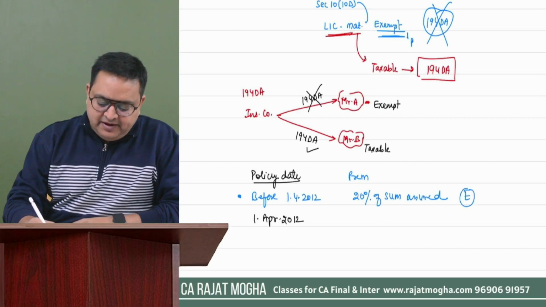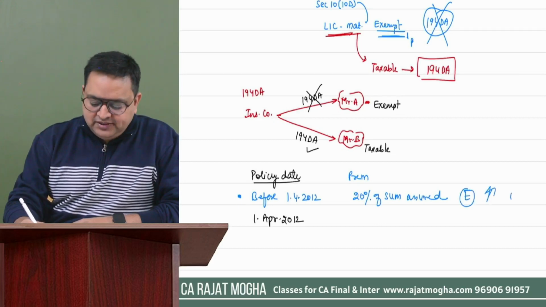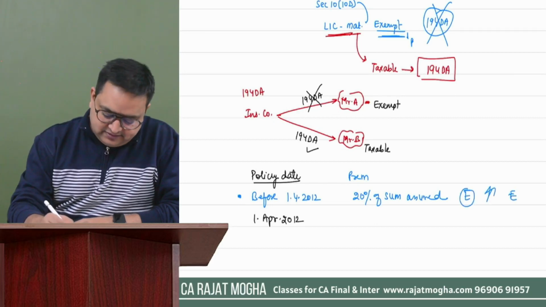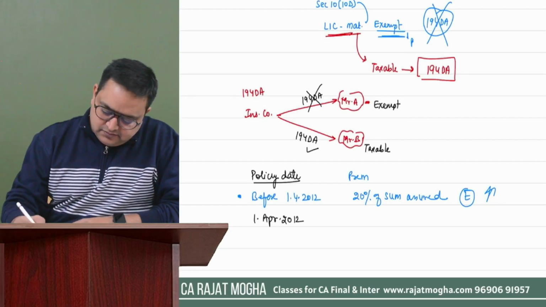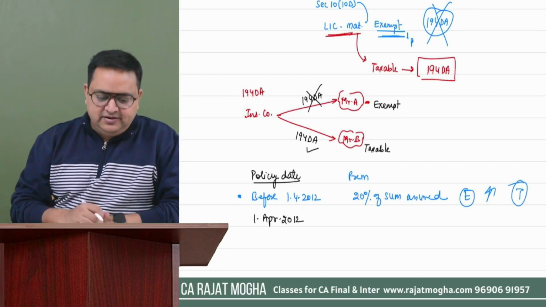It will be exempt. But if it is more than 20% of the sum assured, then it will be taxable. This we have already discussed.